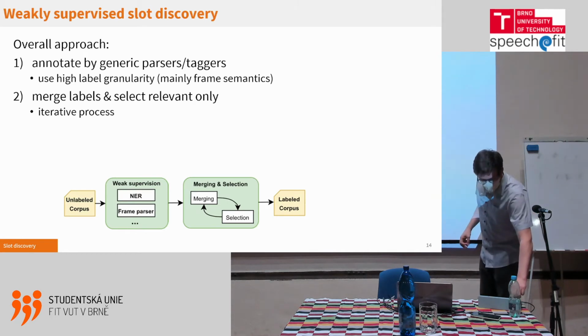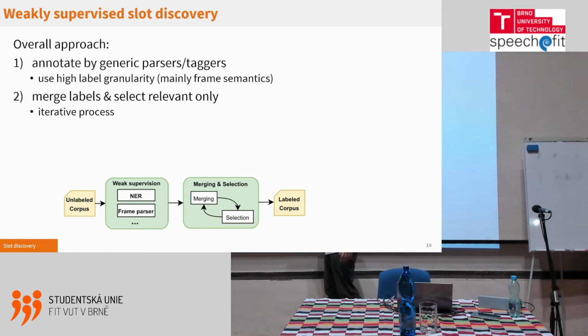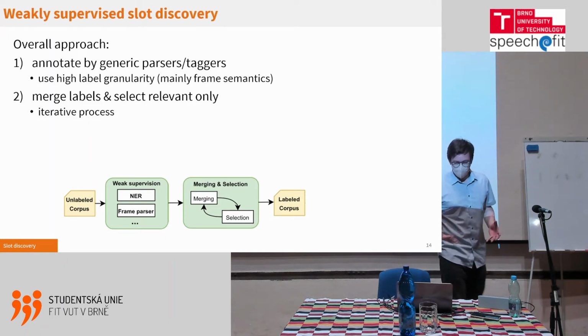So you basically start from some kind of annotation, and then you try and figure out without any supervision, so this bit is unsupervised, which parts of the annotation are actually relevant for your domain.